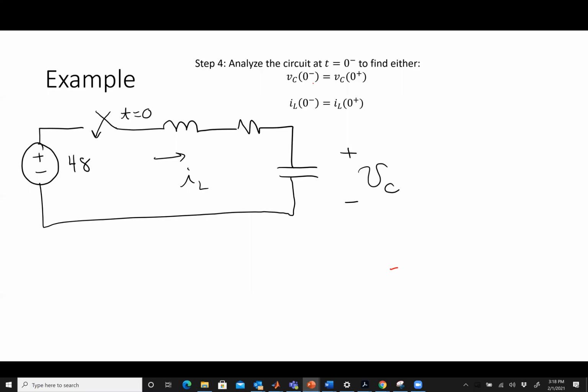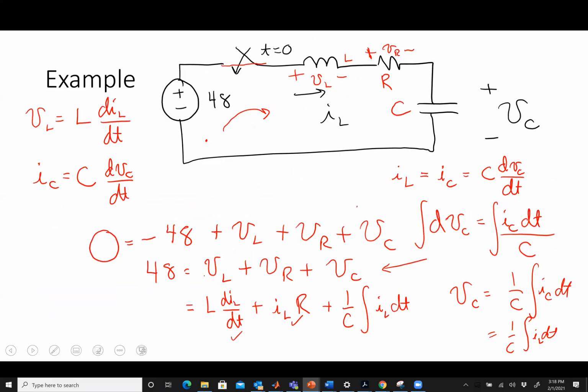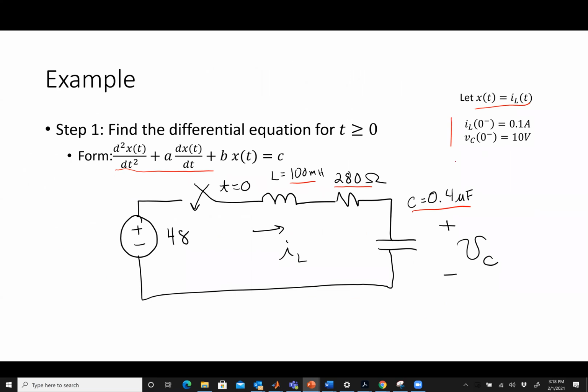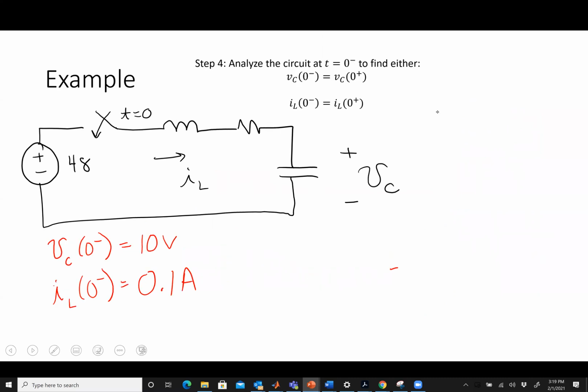I was told that VC of 0 minus was 10 volts and that IL of 0 minus is equal to 0.1 amps, back on the very first slide. So I was given these values. Now, this fourth step is pretty trivial because what is it saying?